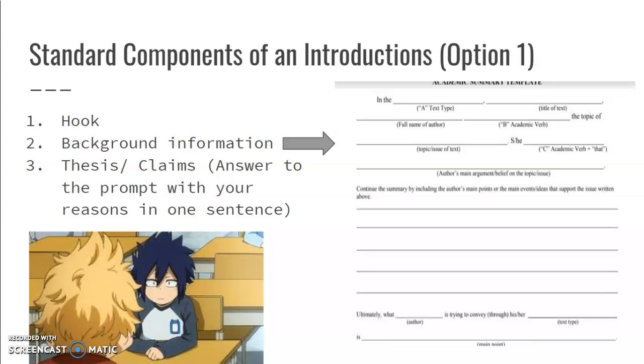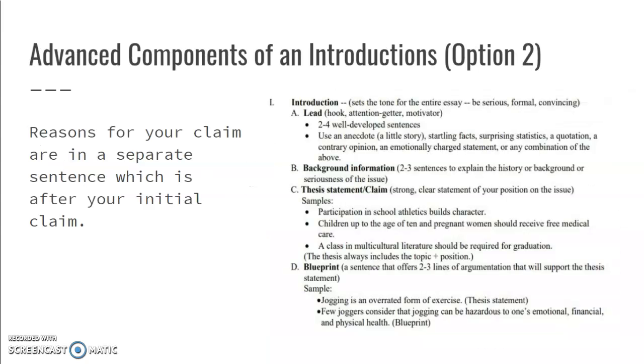Then you go into your thesis statement, okay? And if you're doing option one, remember, you're going to answer this prompt with your reasons in one sentence. So you will have your opinion and you will have your 3 reasons why. Now, in option two, you will have the same thing. Hook, background information, you got your thesis statement.